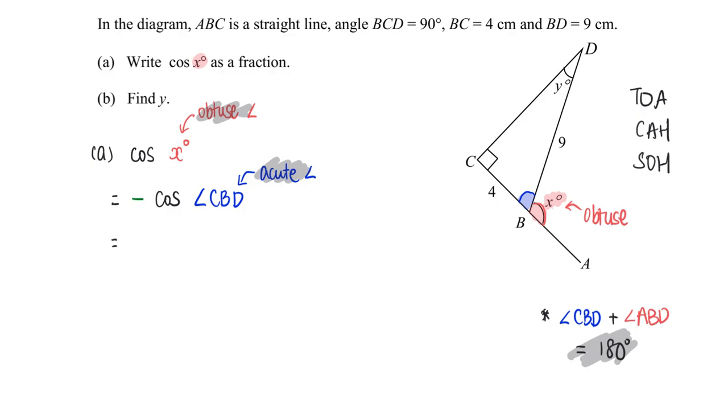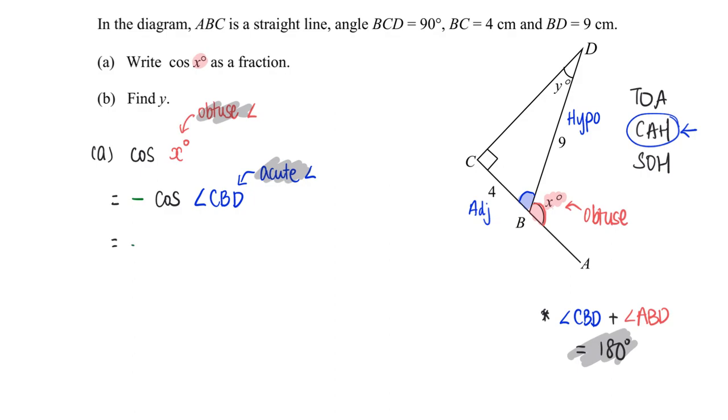with respect to this acute angle CBD, I have my adjacent side and my hypotenuse here. And that is exactly what we need for the cosine ratio.